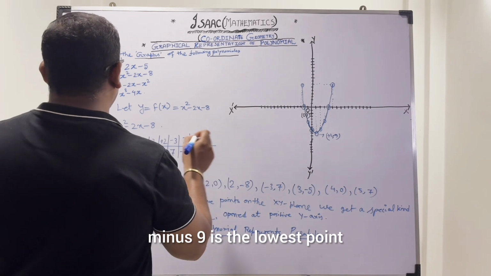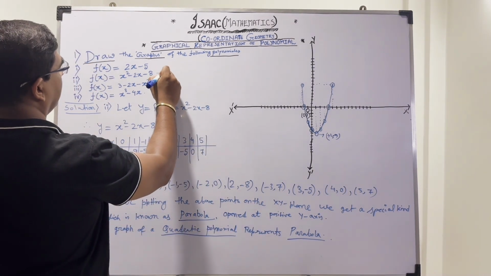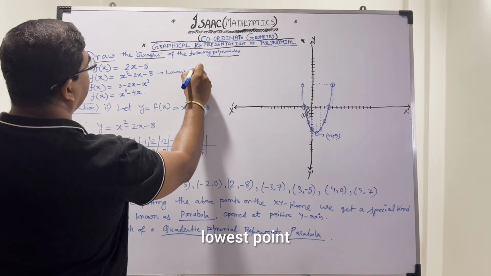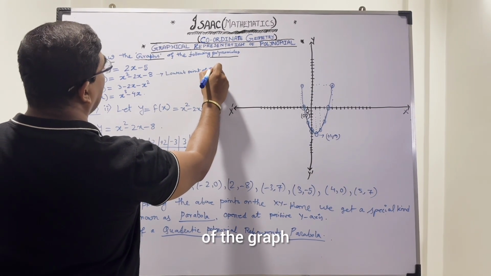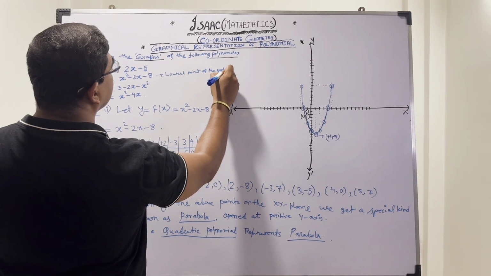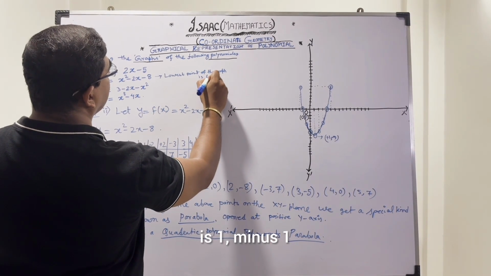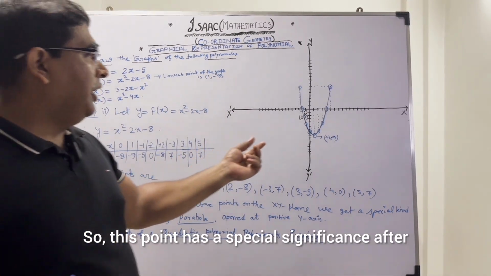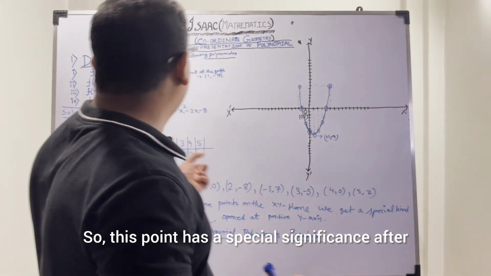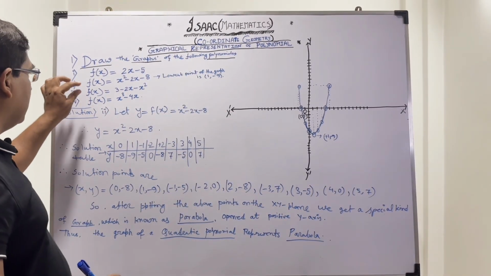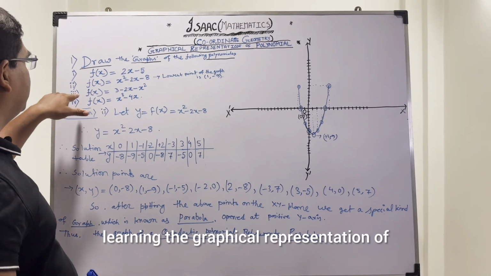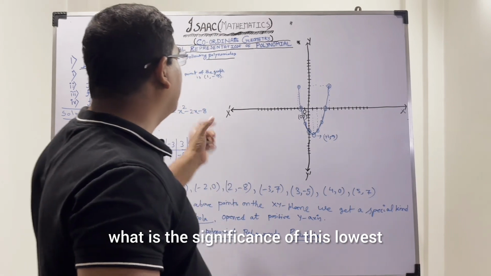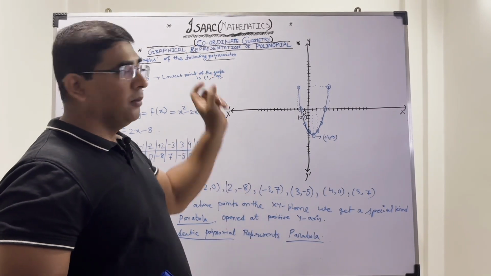The lowest point of the graph is 1, minus 9. Okay. So this point has a special significance. After learning the graphical representation of this third polynomial, we will learn what is the significance of this lowest point. Okay.